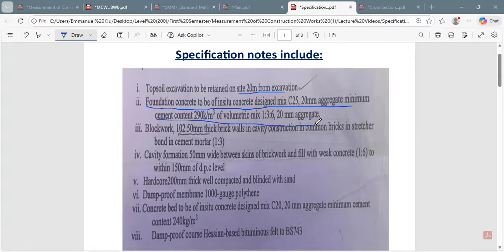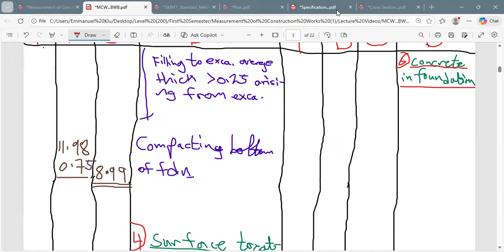Okay, so we have to note that. Then we just come and calculate for the concrete quick. We're going to do our block work, then we are good to go.